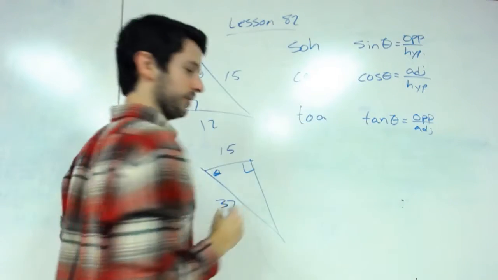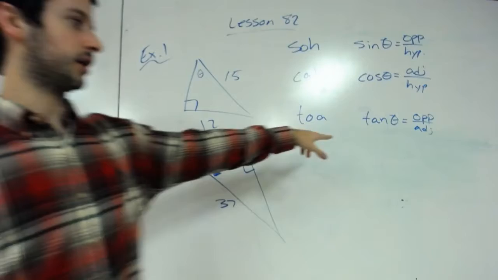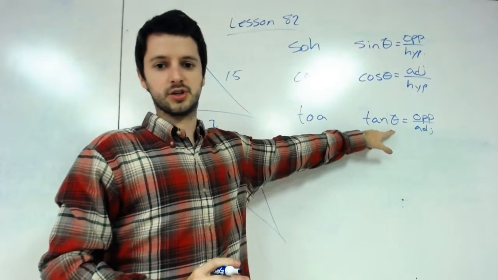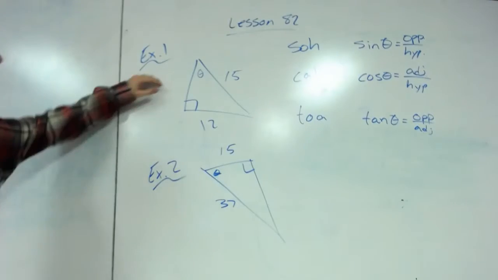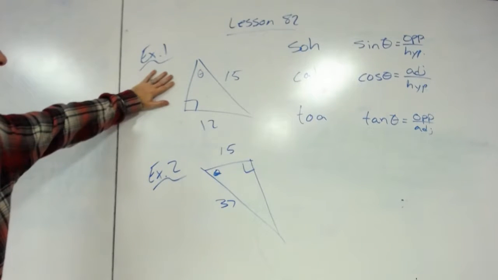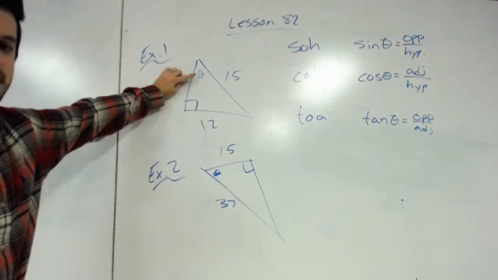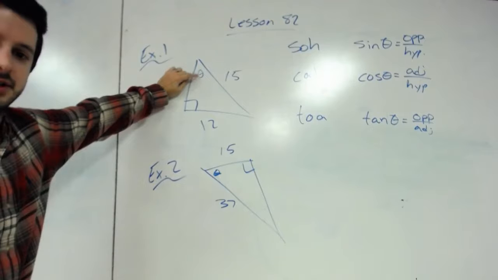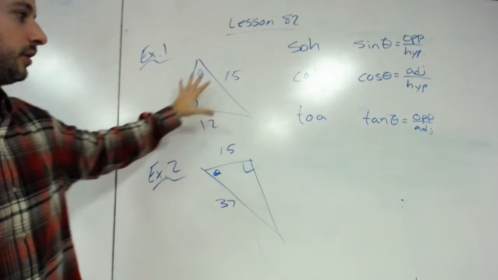Now theta, if you remember, is just your starting point. That is your degrees that you're starting from. So say we're in example 1, and it says find theta. Previously, we've had this degree, and we've had to figure out a side length.